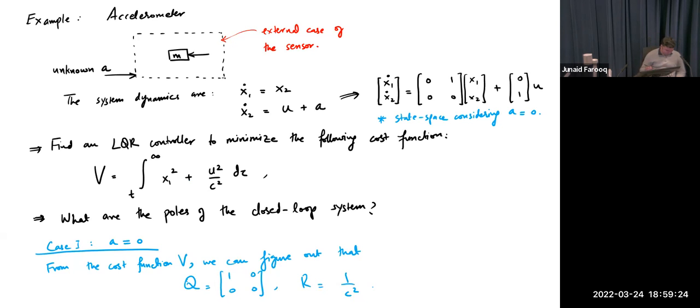Okay, so if these are the Q and R, then the LQR controller will be K bar equals R inverse B transpose M bar.